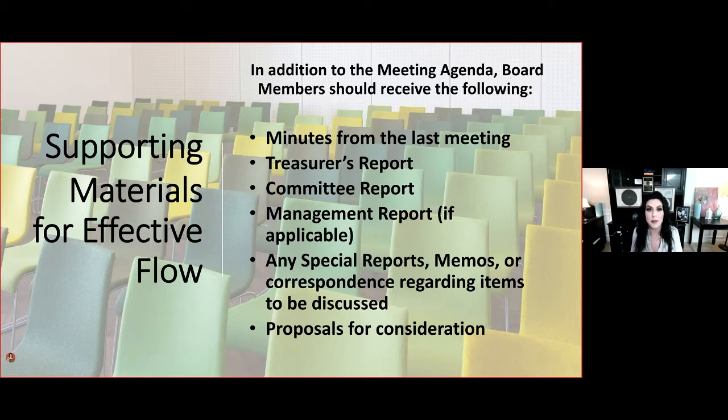If you do partner with a management company, a management report is absolutely helpful. And then any other items or proposals. A lot of times when we talked about the discussion part, your community manager may have gotten 3 or 4 bids for, let's just say, a roof project.